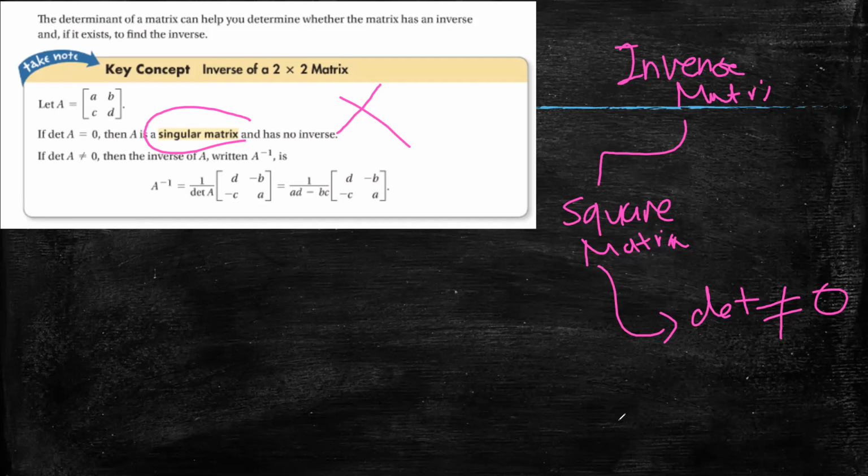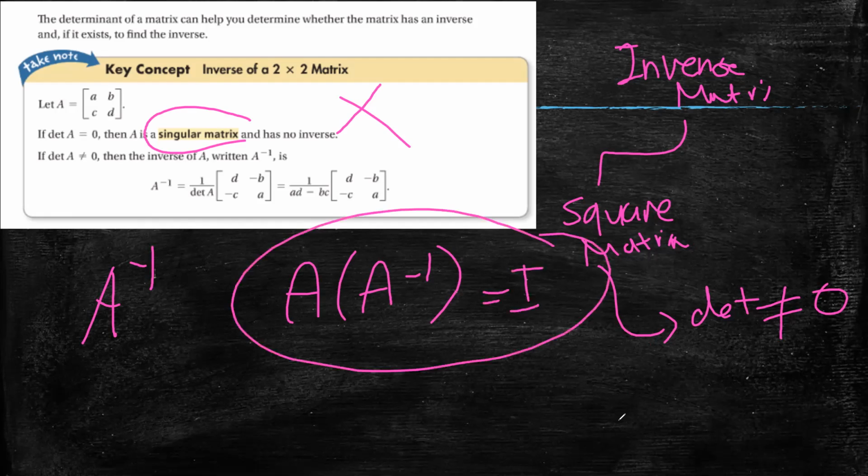But if the determinant is not 0, there's an inverse matrix. What is the inverse matrix? I will repeat. If you multiply this inverse matrix with the original matrix, you will get an identity matrix. So now we will see how we can find the inverse matrix.